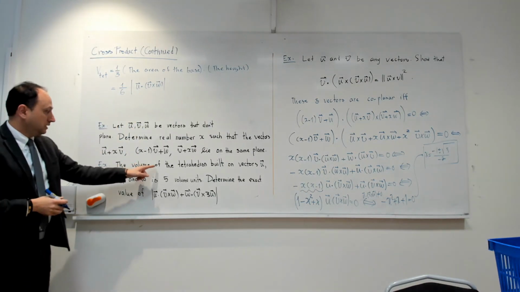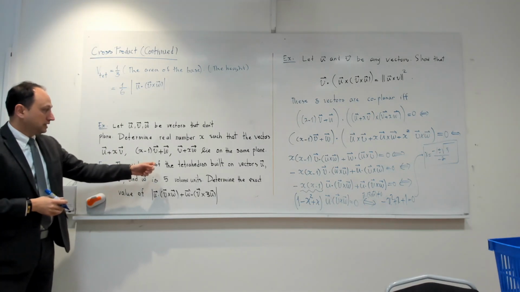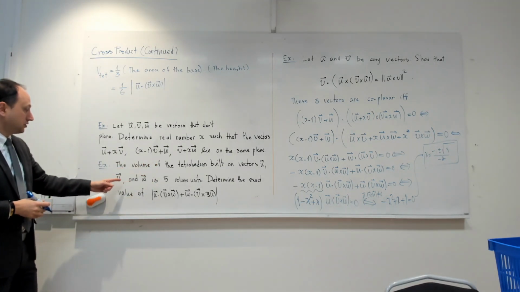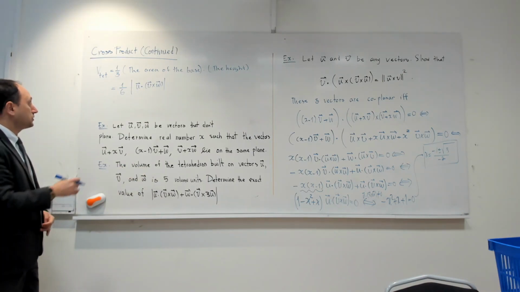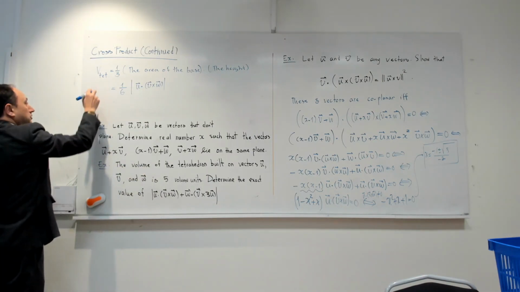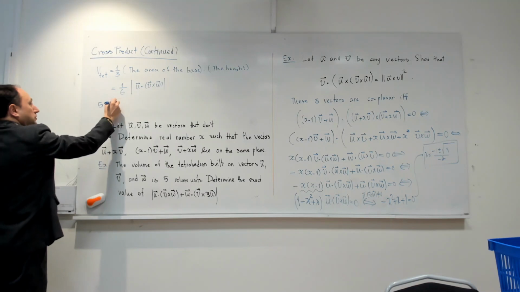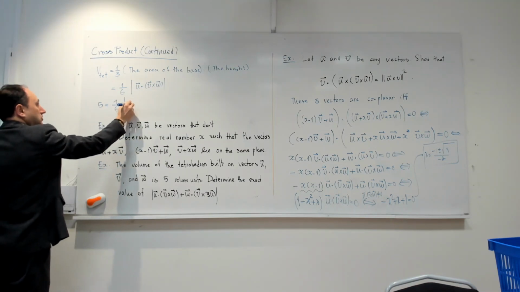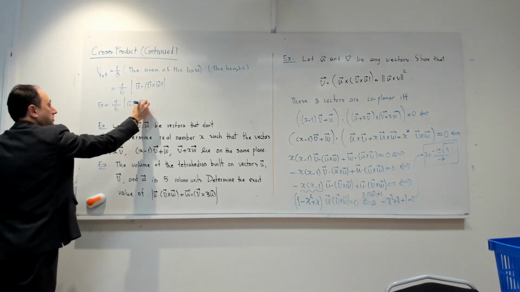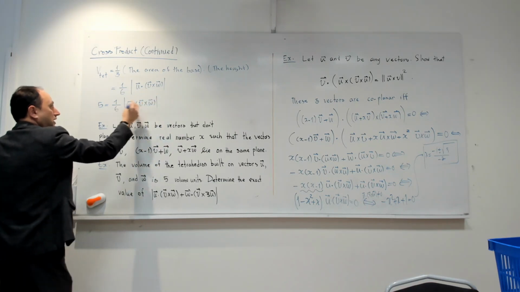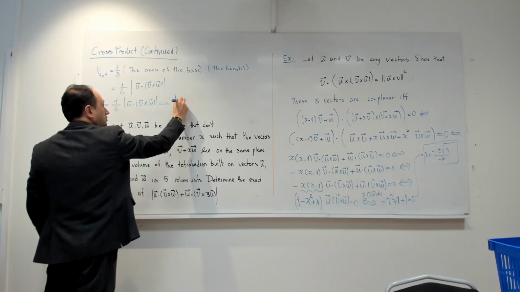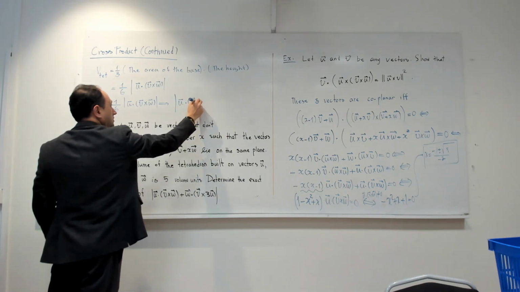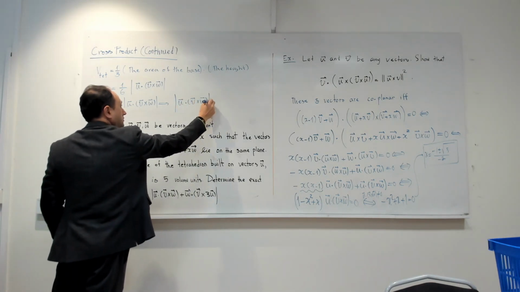So this is telling you that the volume of the tetrahedron built on the vectors u, v, and w is 5 volume units. So what does it mean? It means that the volume is 5. This is equal to 1/6 u dot v cross w. So what I get is that the absolute value of u dot v cross w is equal to 30.